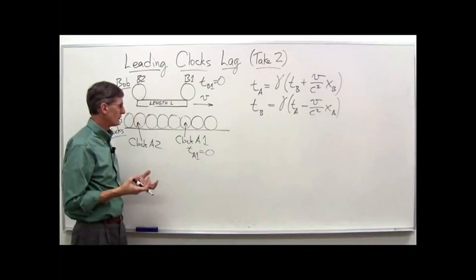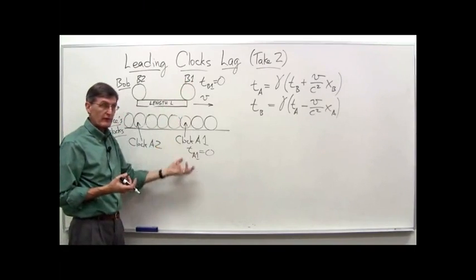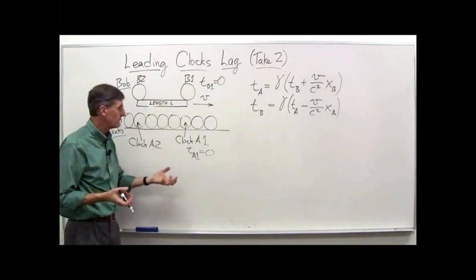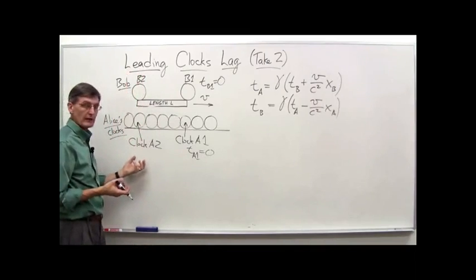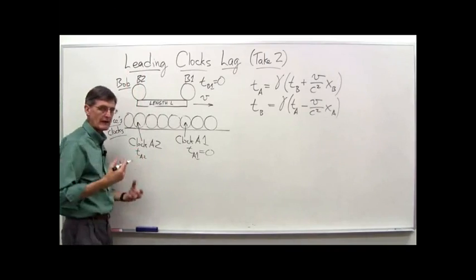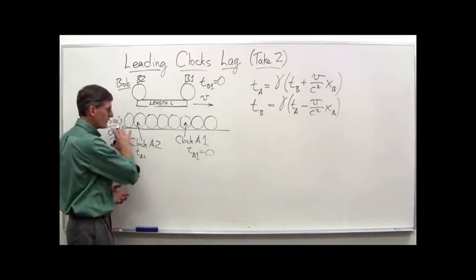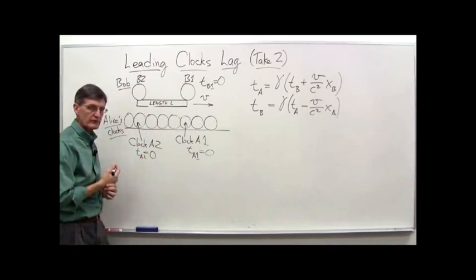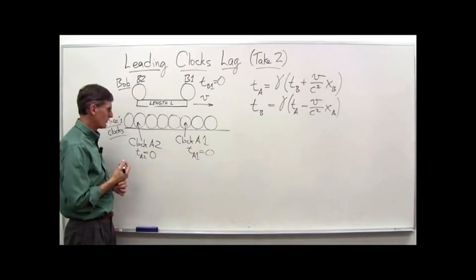And the question is, we take this flash photograph. Let's also, at that instant in time, take a flash photograph back here. Because, and this is from Alice's perspective, all her clocks are synchronized, she'll see T A2 equals 0.